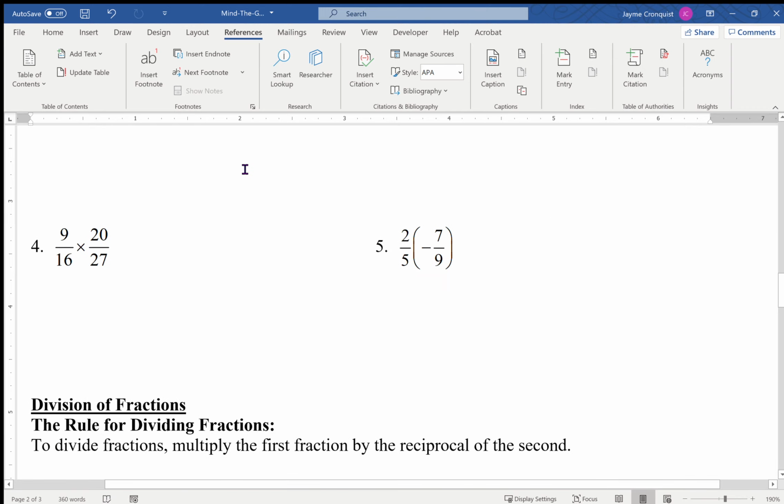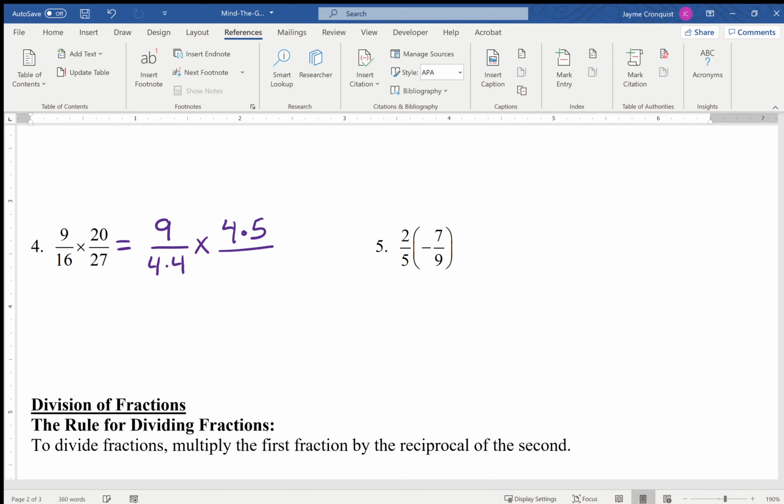All right, let's look at 4. One of the things you can do when multiplying fractions is break them down into factors so you can start crossing things off. 9 we're going to leave as a 9, and 16 is 4 times 4, and 20 is 4 times 5, and 27 is 3 times 9.